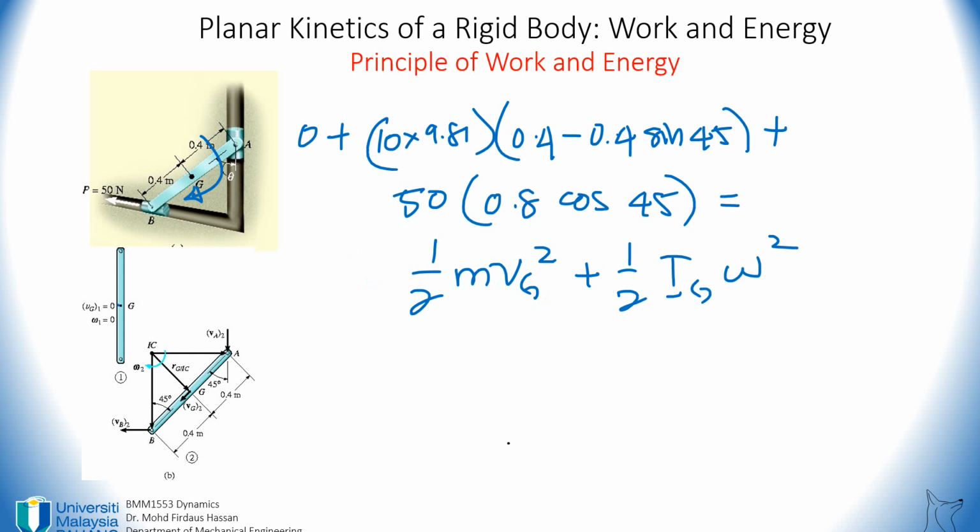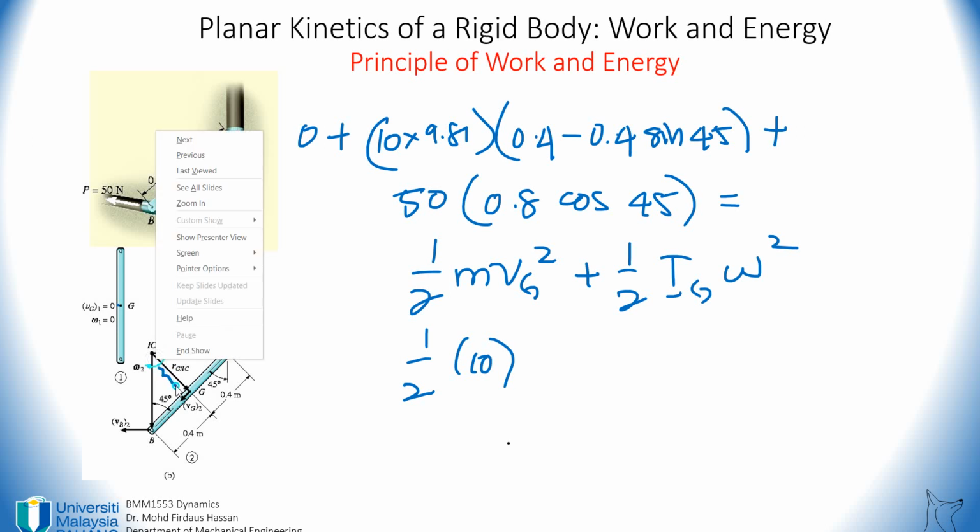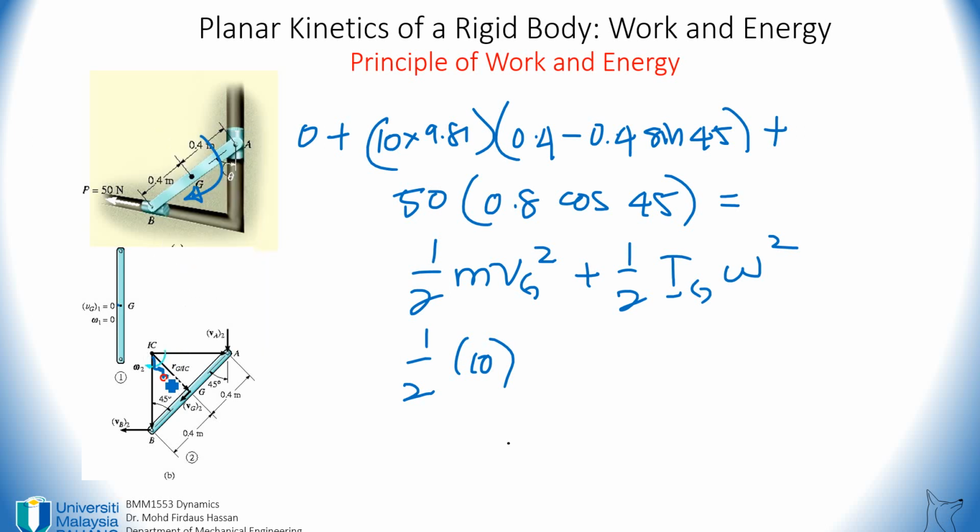Since we have the IC, half m is 10 kilogram, and vG is the distance r G/IC times omega 2. The distance here is equal to 0.4. Since this angle is 45 degrees, this one 90 degrees, this one 45, this length is equal to this length, so this one is 0.4.